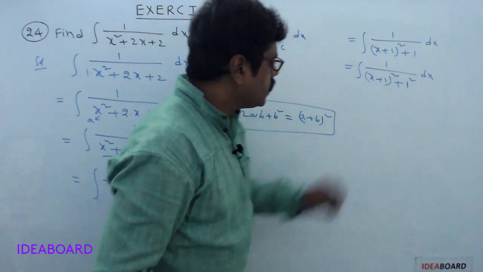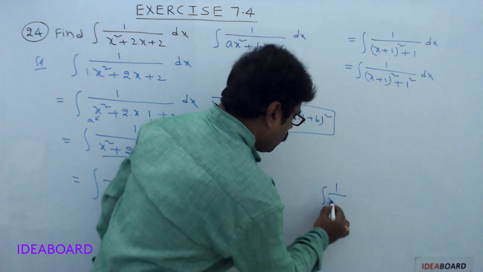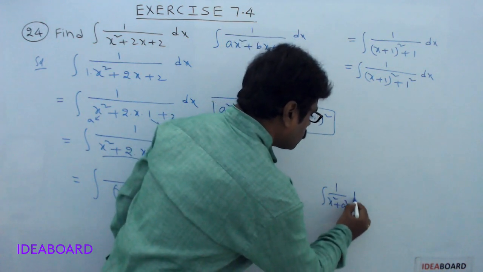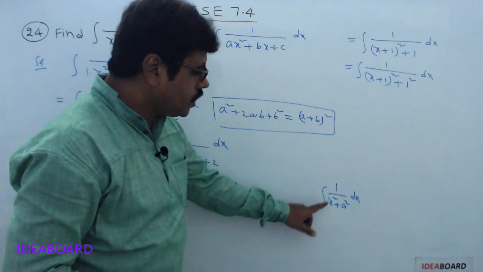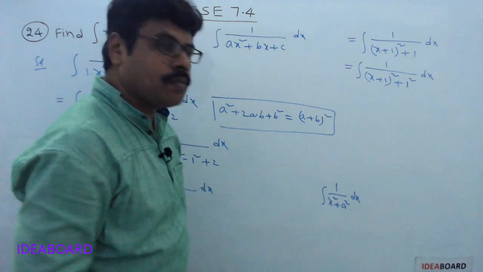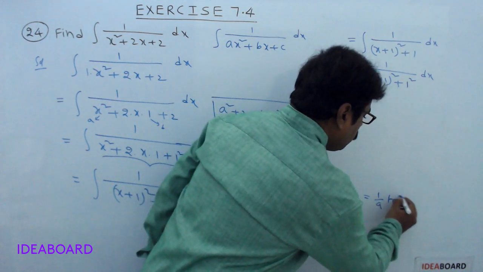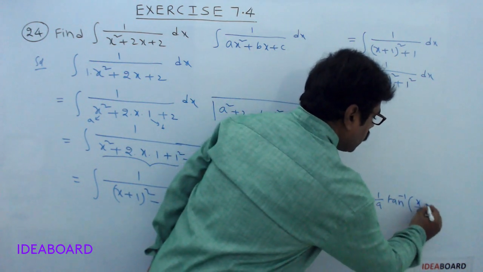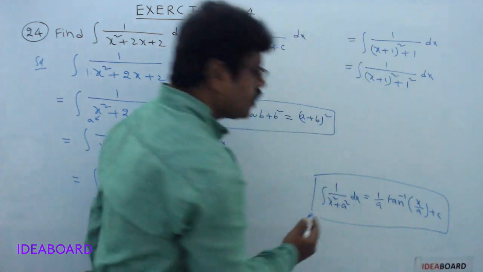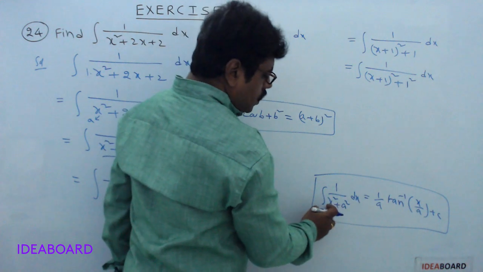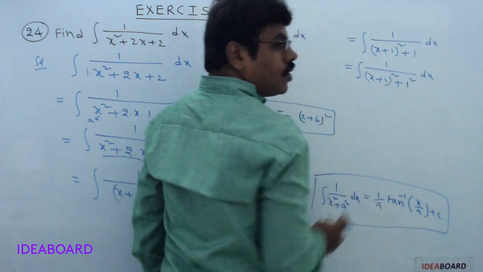Clearly this term is of the form integral 1 divided by x square plus a square dx. What is the formula of integral 1 by x square plus a square dx? It is 1 by a into tan inverse of x by a plus some constant c. Now here in place of x, x plus 1 will be there, in place of a, 1 will be there.